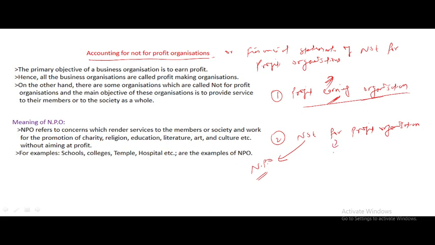And in case of not for profit organization, the main objective is to render services to the public, or to the members, or to the society without aiming at profit. This is called not for profit organization or not profit making organization. Now we are going to discuss some differences between these two organizations.